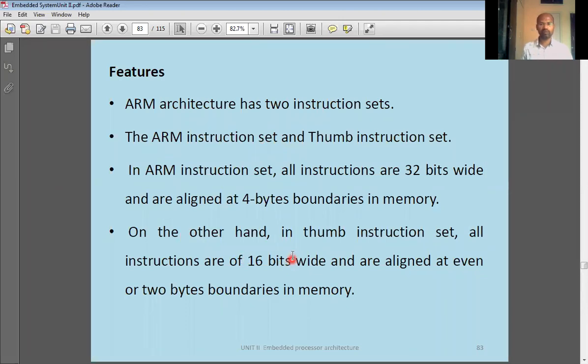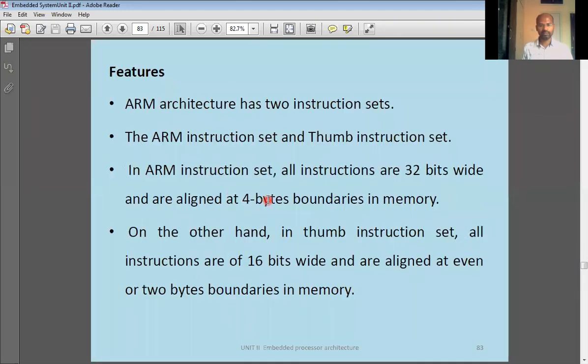So the ARM core supports two instruction sets. One is called the ARM instruction set, which is 32 bits wide. The other is called the thumb instruction set, where each instruction is 16 bits. Because of this, ARM offers high code density.